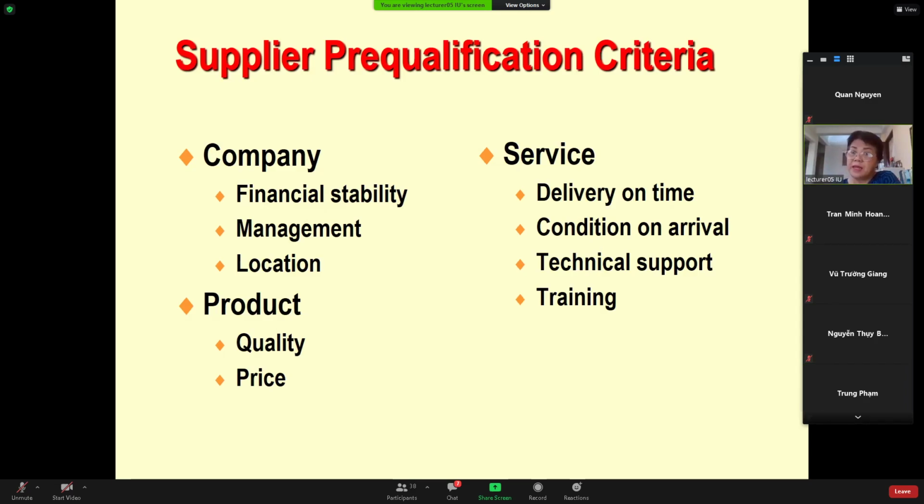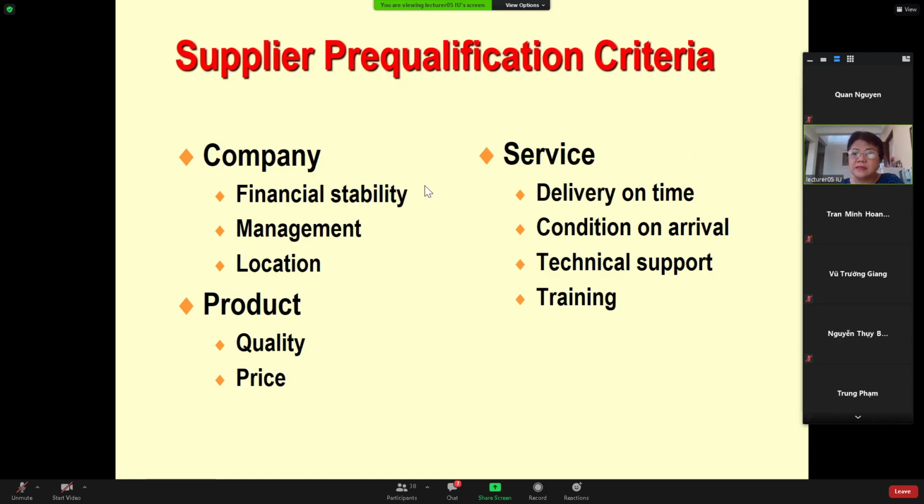That is the company, the financial stability, their management capability, and the geographic location of the company, and what is the product that they are going to offer you, at what price, and the service, whether they deliver on time, condition of arrival of the delivery, and their technical support, after sales support, and the training that they might want to offer to you.